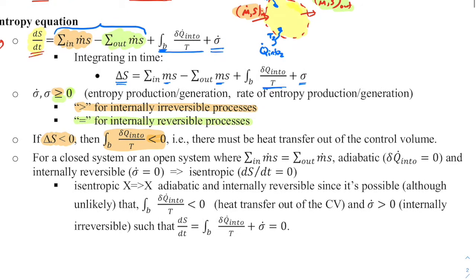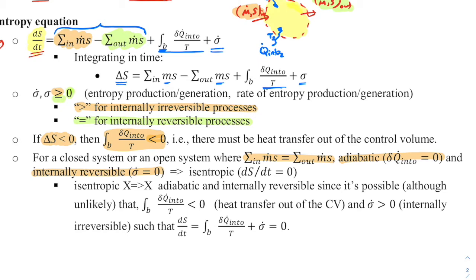Okay, the next bullet point. For a closed system, or an open system where the mass coming in and the mass going out are the same, if the processes you're involved with are adiabatic, so the Q term goes to 0, and internally reversible, so the entropy production term goes to 0, then under those conditions you will have an isentropic process where the entropy does not change with time.